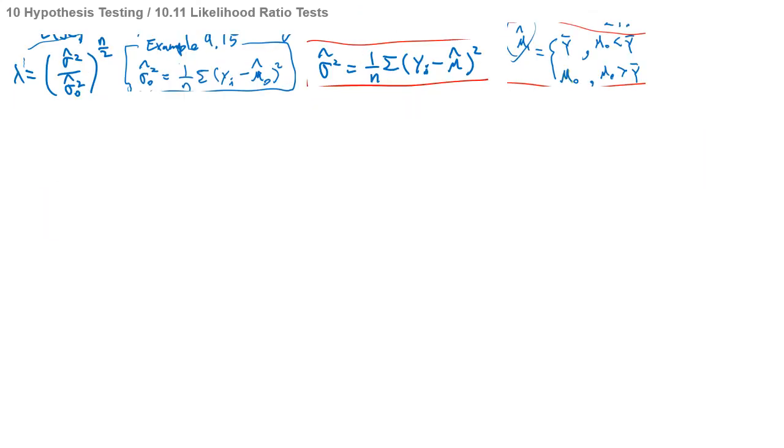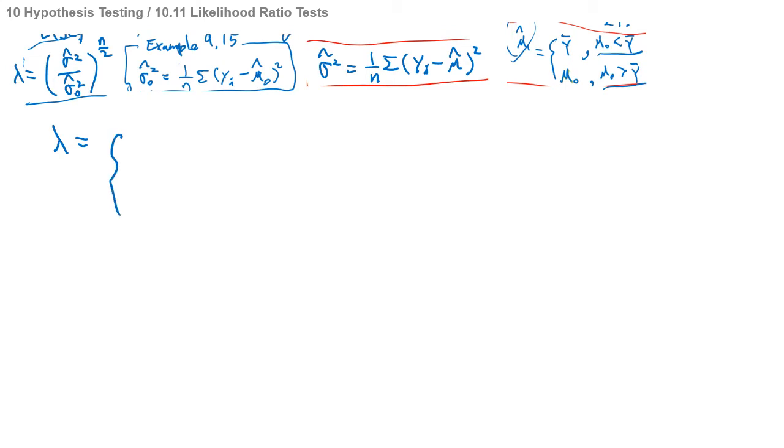So from the previous slide, we calculated lambda this way, and lambda can be expressed in two different ways under these conditions.